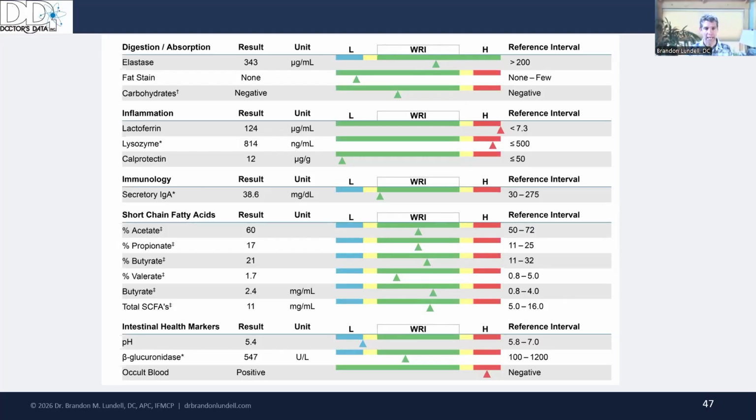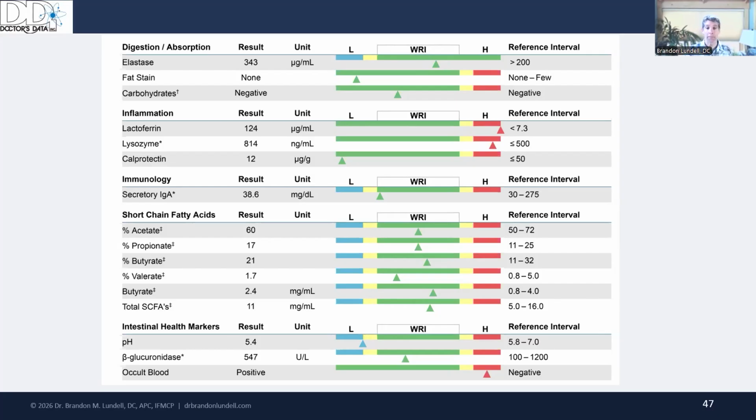For total short chain fatty acid, my cutoff is 12. Anything less than that, you may consider dosing short chain fatty acids as well. Typically, we see high and low short chain fatty acids in dysbiosis. It's another pathognomonic indicator of some type of dysbiosis.